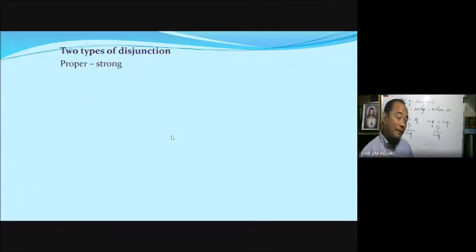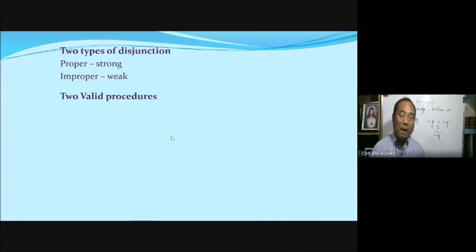Now remember that there are two kinds of disjunction. We have discussed this, no? The proper or strong, and the improper or weak. What is the proper or strong? They are mutually exclusive. They cannot be both true and both false at the same time. For example, either dead or alive. It cannot be both dead and alive.